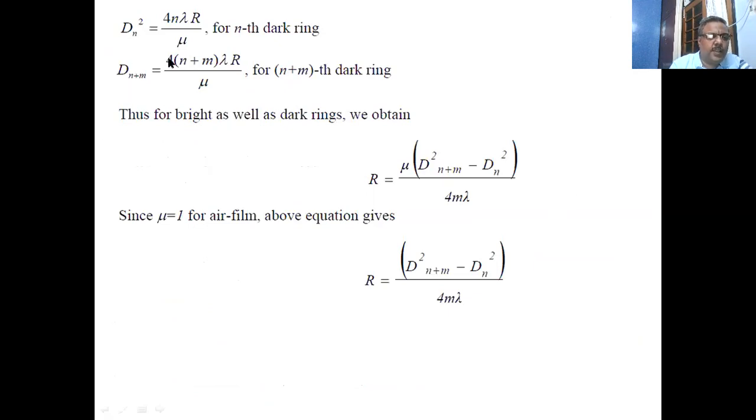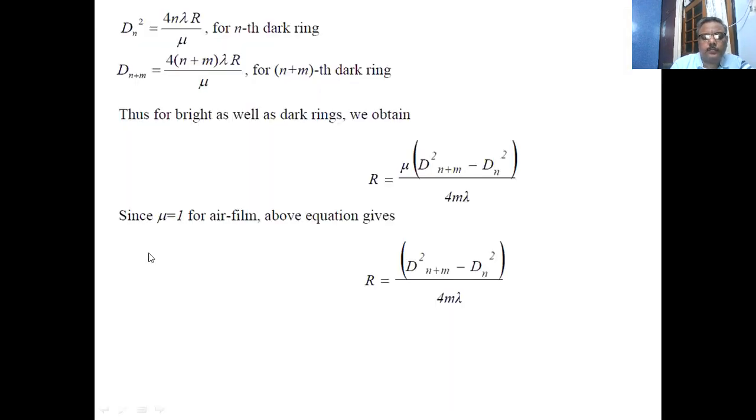When we subtract the diameters of the (n plus m)th ring and the nth ring, after simplification we arrive at the expression for the radius. Since we have the air film between the lens and the glass plate, for which the refractive index is 1, this relation reduces to this.